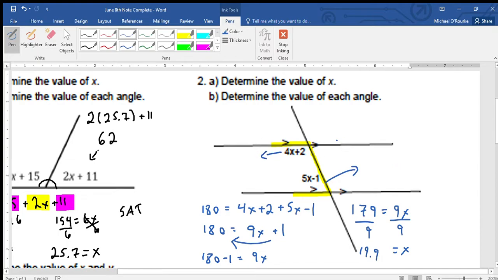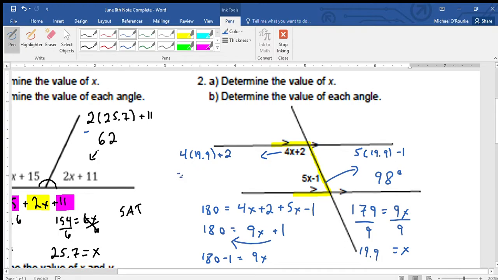what each angle is. So we have 5 times 19.9 minus 1, which is approximately 98 degrees. 98 degrees. Then over here we have, where's my pen? 4 times 19.9 plus 2.